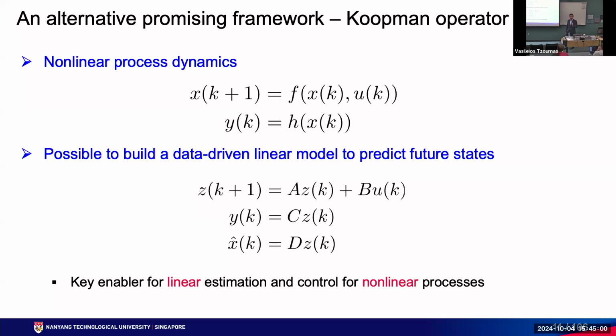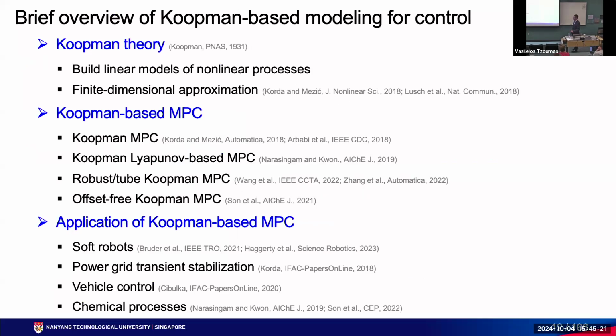It's not a local linear model. It's a global linear model, right? So nonlinearity will not be gone. It will be accounted for by another component, which will be a bridge between X and Z, right? If we are to embrace this idea, the Koopman operator is one of the promising tools.